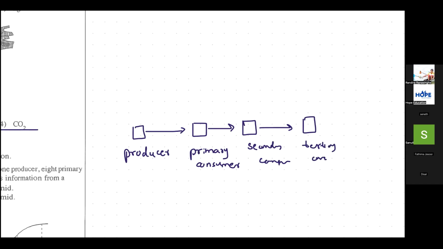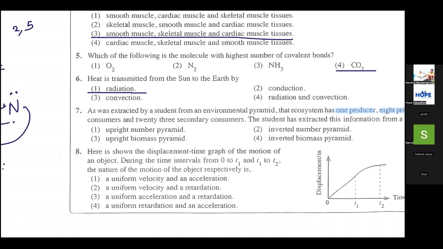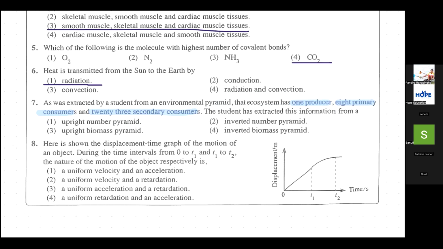So there is one producer, 8 primary consumers and 23 secondary consumers. The student has extracted this information.